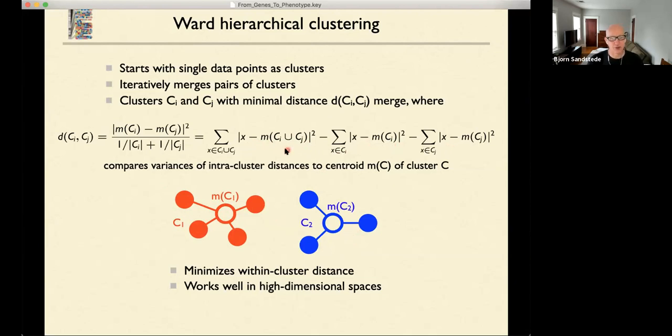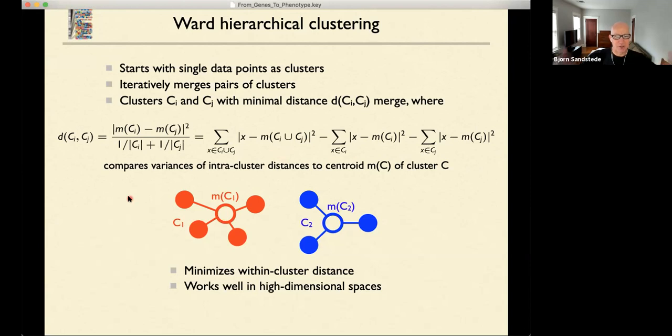Then you do this for the union of these two clusters. You want to merge Ci and Cj in the next step if that quantity, that distance, is as small as possible, so that you change the variance between points in as small a way as possible.